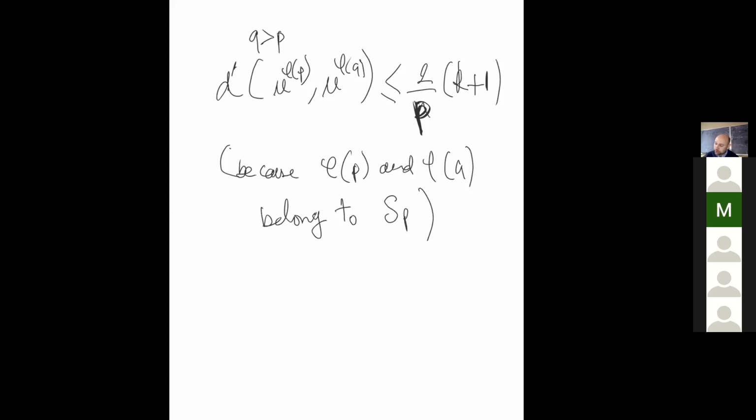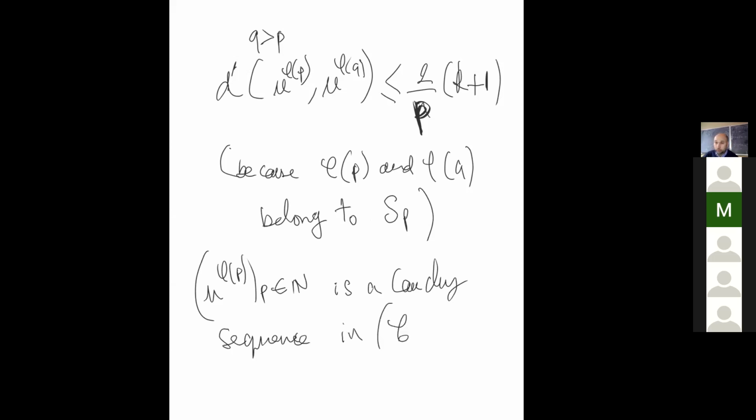Now, U phi P is a Cauchy sequence in the space of continuous functions from E into F with the infinity distance, the sup distance, and this space is complete.